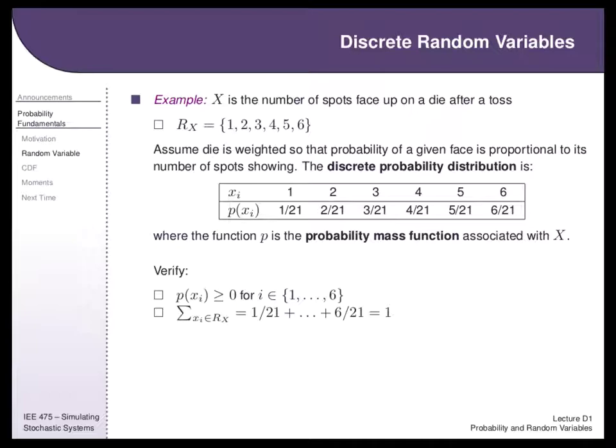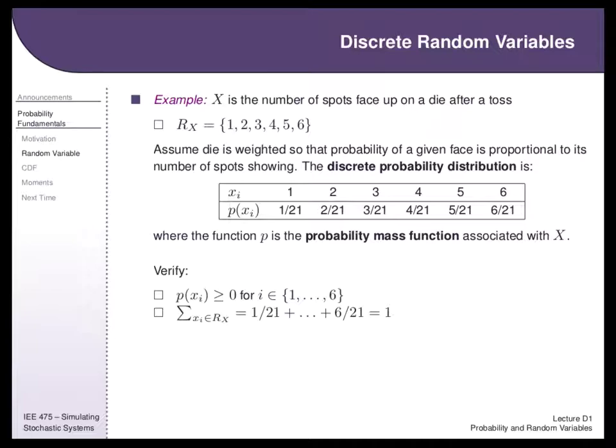Now the table becomes my unit. My sample space of all the possible things that could happen with the die becomes my maximum weight, and I know all of the outcomes have to add up to that weight. I'm just arbitrarily calling that weight 1. So even though the numerators are clear from the statement up here, I can solve for the denominators to make sure they all add up to 1.